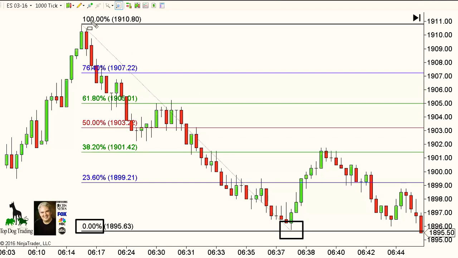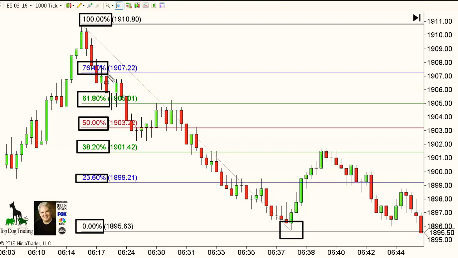If it goes all the way back to where we started, it retraces 100% of the move. Then we have these in between: 23.6, 38.2, 50, halfway, 61.8, and 76.4. As you can see, we're just going to be using this tool from this point on.